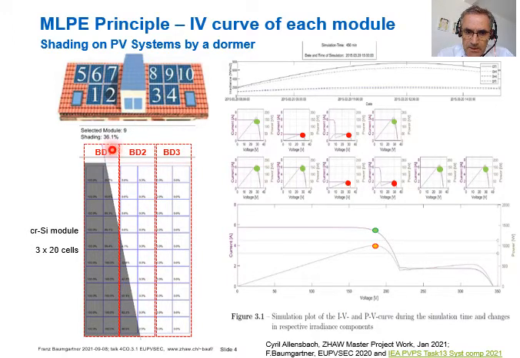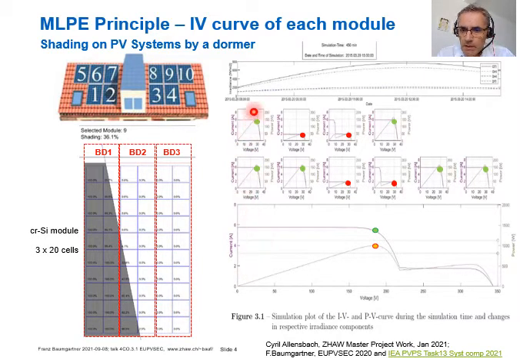In that case, because this cell is nearly totally shaded and there are others which are totally shaded, the output voltage of that module could be 10 volts less from that sector, 10 volts less from that sector, so that at the end you will not get 30 volts but only 10 for the optimum condition.